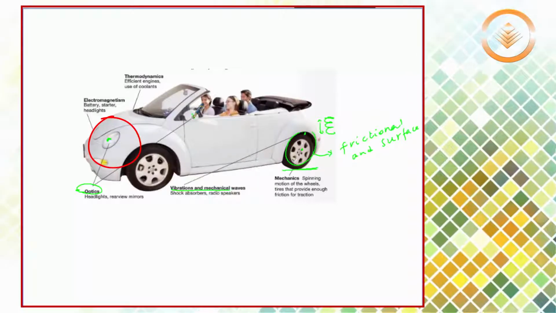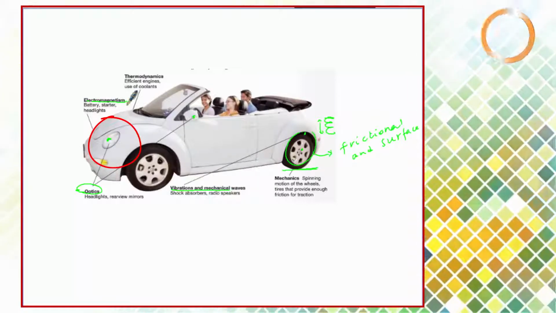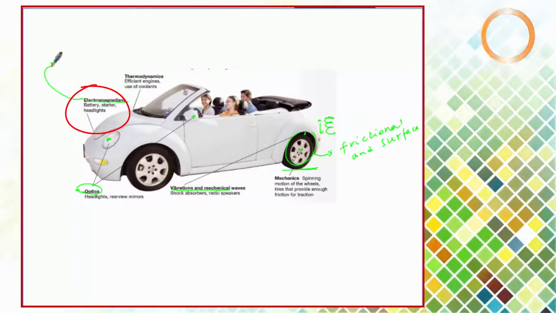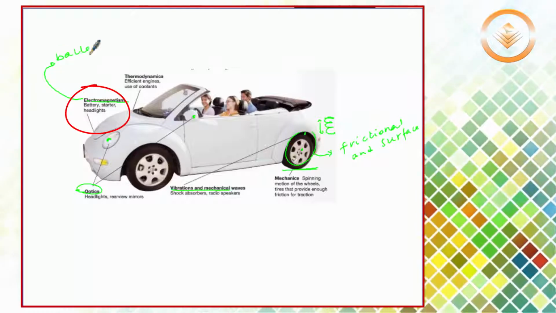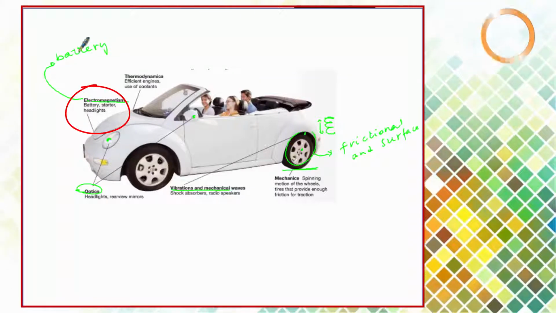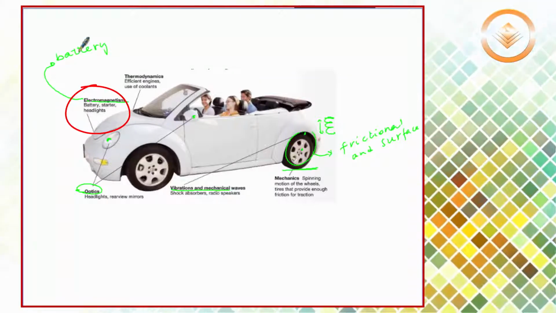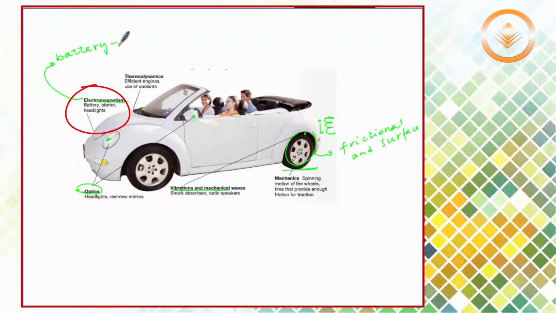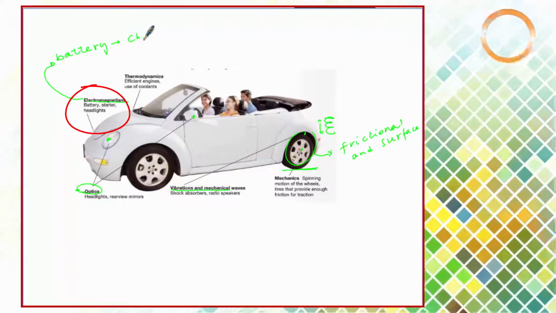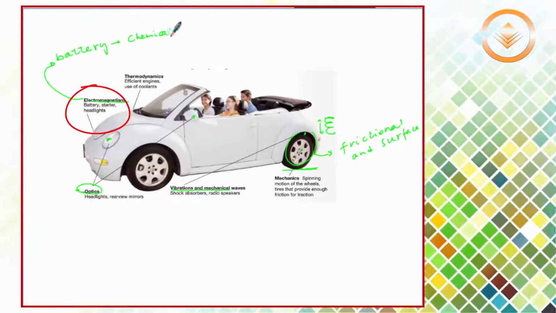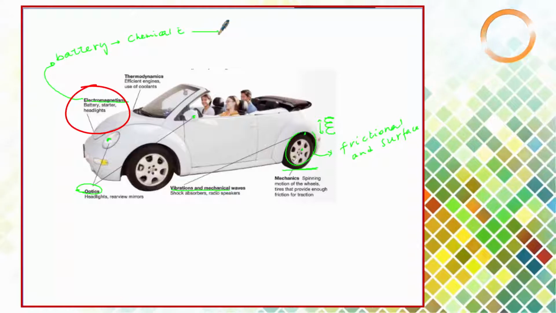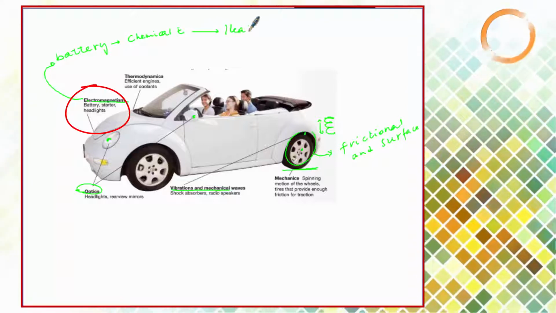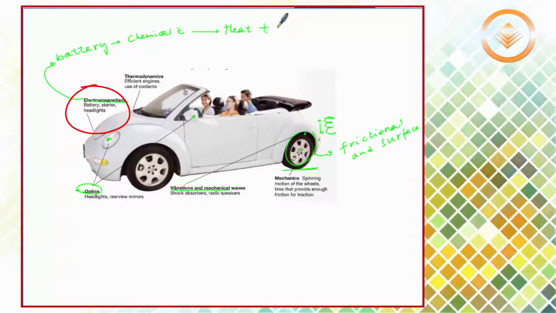And the other is electromagnetism. Inside the car there is a battery. A battery is a device that converts chemical energy into, actually, heat energy, plus there is also light energy.